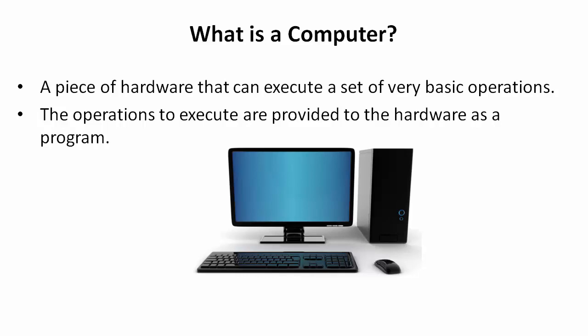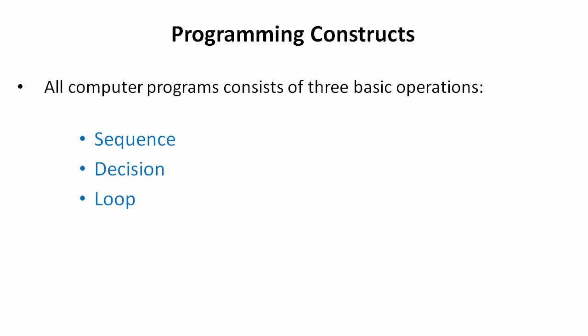When you first learn about programming, it's actually very simple. There are only three essential constructs of any computer program: the sequence, the decision, and the loop.